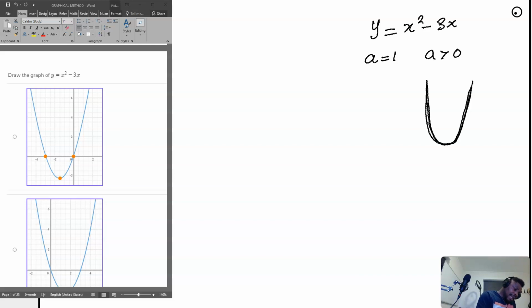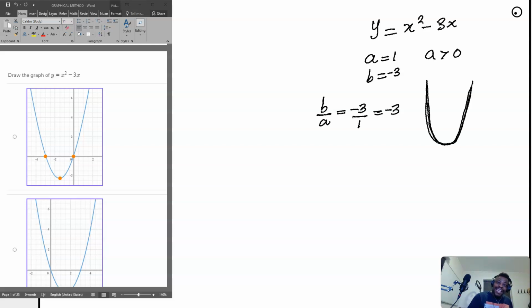And the next thing is that we can say b is minus 3, right? Another thing is we can decide to know where our curve will be, maybe on the left or on the right, by using b over a. What is my b? Minus 3. And what is a? 1. So this is minus 3. Now, you recall, when your b over a is negative, it simply means your curve is going to be on the right of the y-axis.